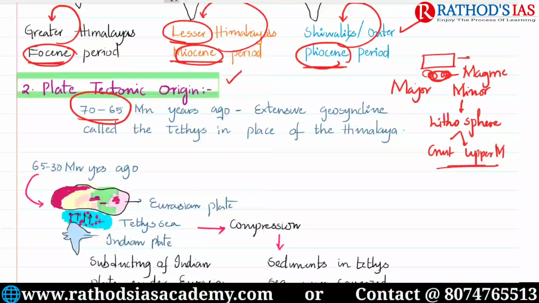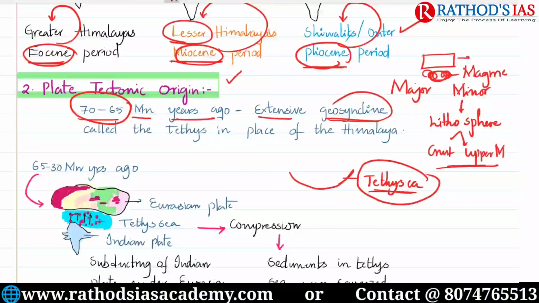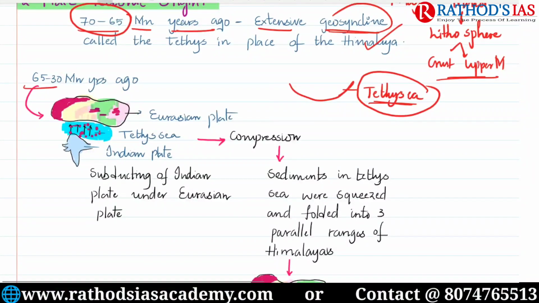According to the plate tectonics theory or plate tectonics origin of Himalayas, 70 to 65 million years ago there was an extensive geosyncline, and this geosyncline is nothing but the Tethys Sea, which was present in the place of Himalayas before 70 to 65 million years ago.